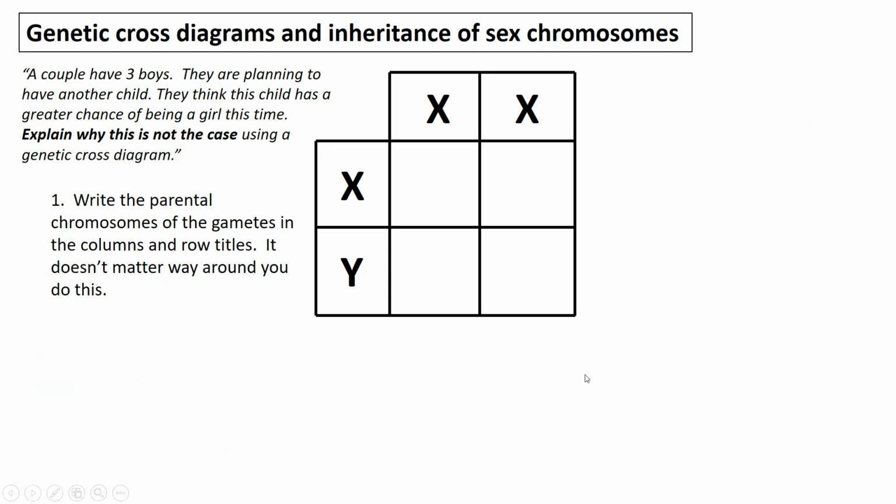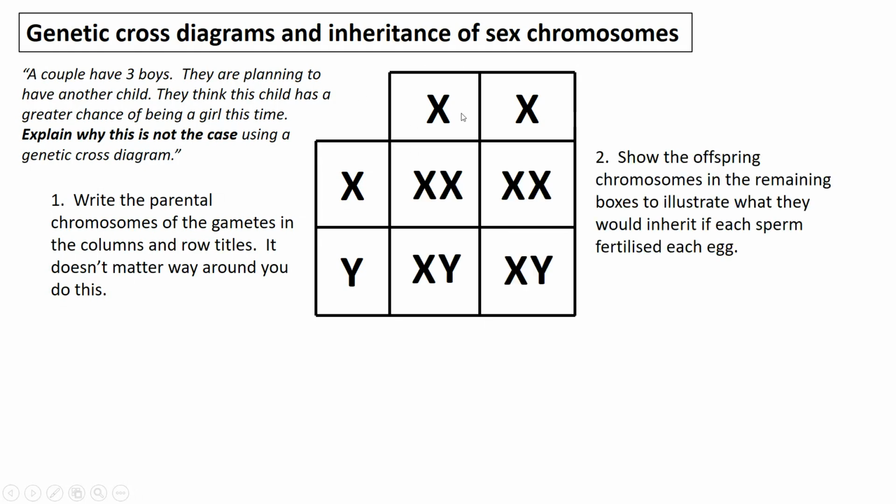So first thing you do is you write the parental chromosomes in the genetic cross diagram. It doesn't really matter where you put the male and female, you just write them in those row titles and column titles. And then you imagine that this egg here is fertilized by this sperm, and this sperm is carrying an X. So the X will end up going into the egg, and the child produced will have 2 X chromosomes, one from the egg and one from the sperm.